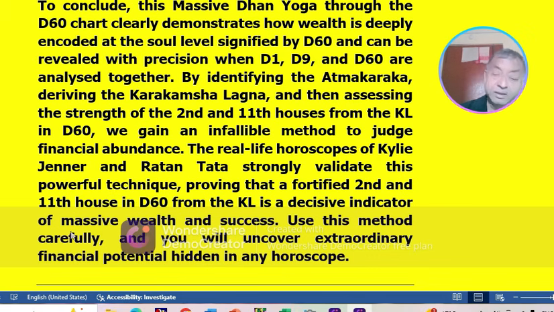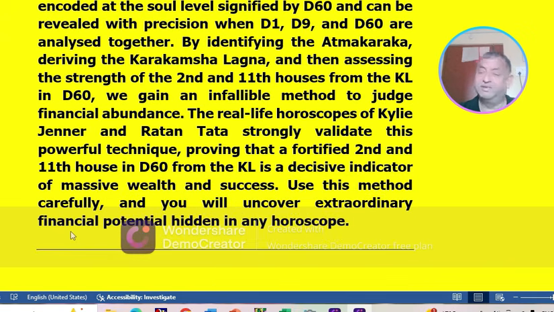Use this method carefully and you will uncover extraordinary financial potential hidden in any horoscope. Apply it in your horoscope, apply this theory in the horoscope of others and examine their ultimate financial destiny. Because D60 is the ultimate destiny.